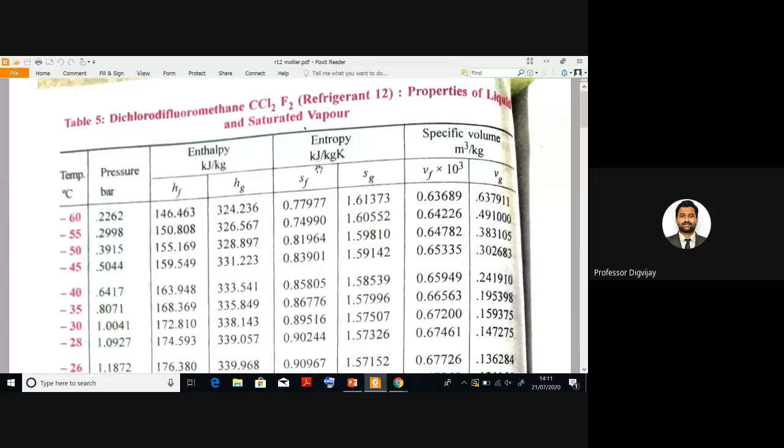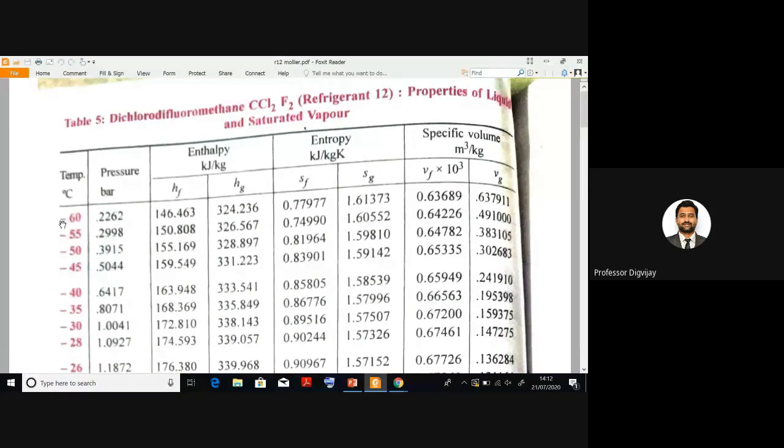Under entropy we have sf, the entropy of saturated liquid, and sg, the entropy of saturated vapor. The last column is specific volume, in meter cube per kg. Again, we have vf, the specific volume of saturated liquid, and vg, the specific volume of saturated vapor.